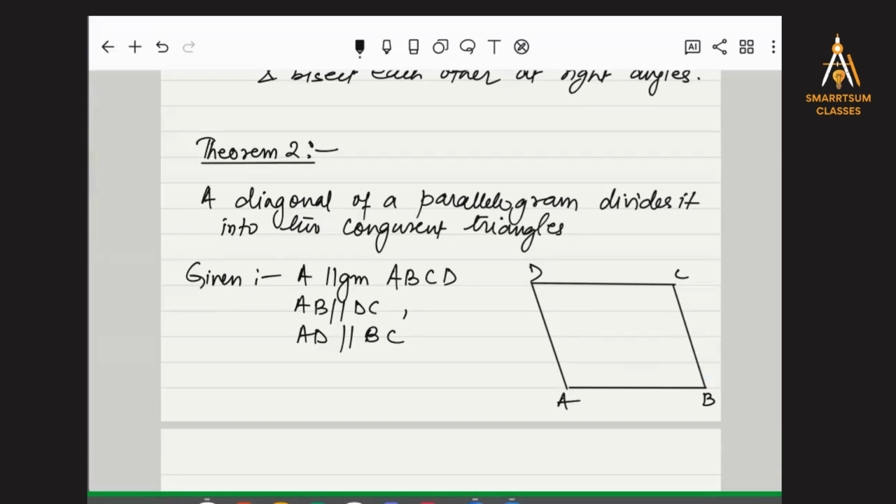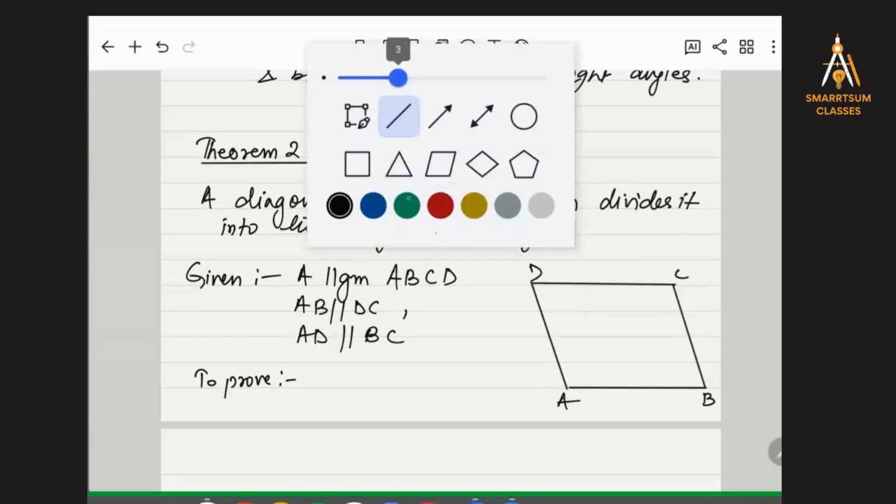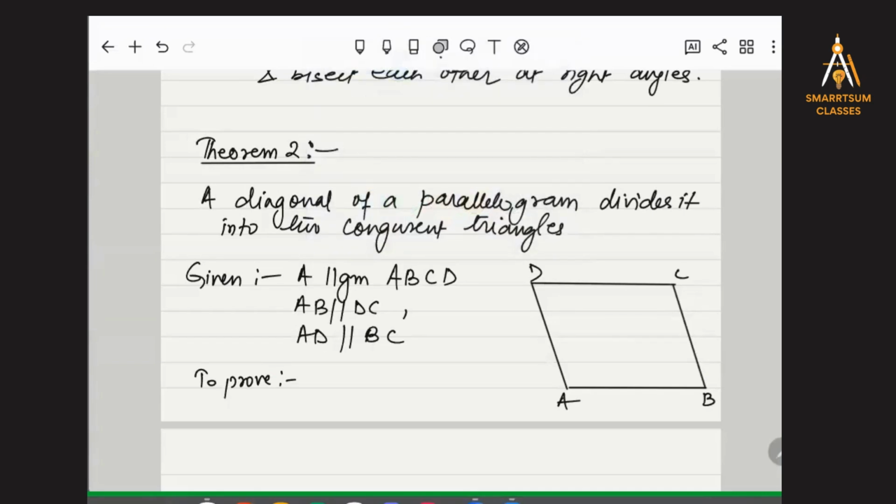Now, what we have to prove? To prove that the diagonal of the parallelogram divides it into two congruent triangles. So let's first draw a diagonal here. Suppose AC is the diagonal. Now we have to prove that triangle ABC is congruent to triangle CDA.